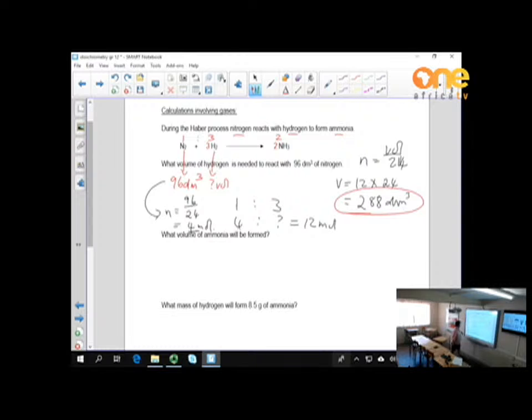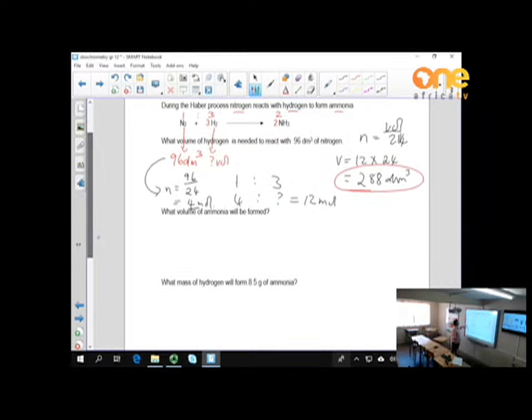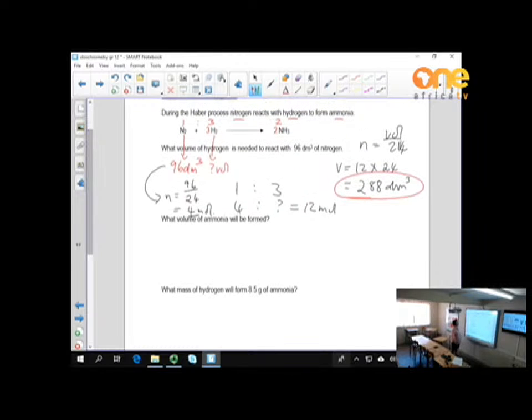All right. What volume of ammonia will be formed? Well, we have the ratio. If we started off with 4 moles of nitrogen, how many moles of ammonia would we get? The ratio is 1 to 2.